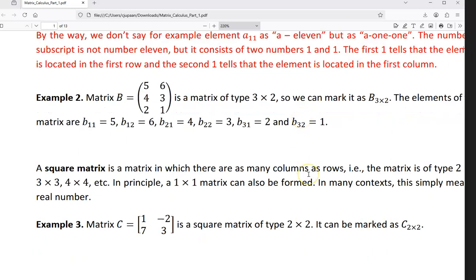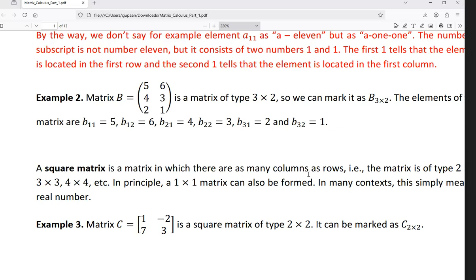And then some other concepts: square matrix. Because a matrix is always a rectangular table of numbers, it is probably quite easy to understand that a matrix is a square matrix if the number of rows and number of columns are equal.